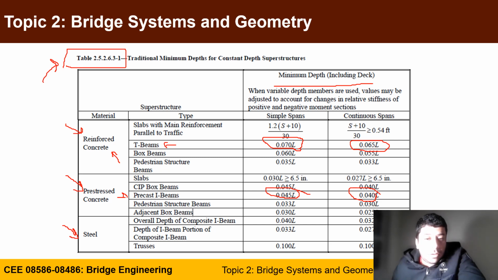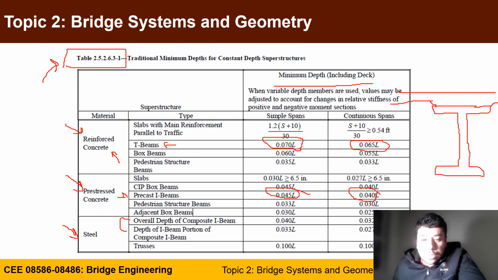And here, what you can see is two different numbers for overall depth of composite I-beam, or depth of I-beam portion of the composite. Typically, your girder as composite is made of two flanges and web, bottom flange and top flange, as you can see, and you have this inclined thing for haunch, and you have the slab. So the first depth H1 is the depth from the top concrete to the bottom steel flange.